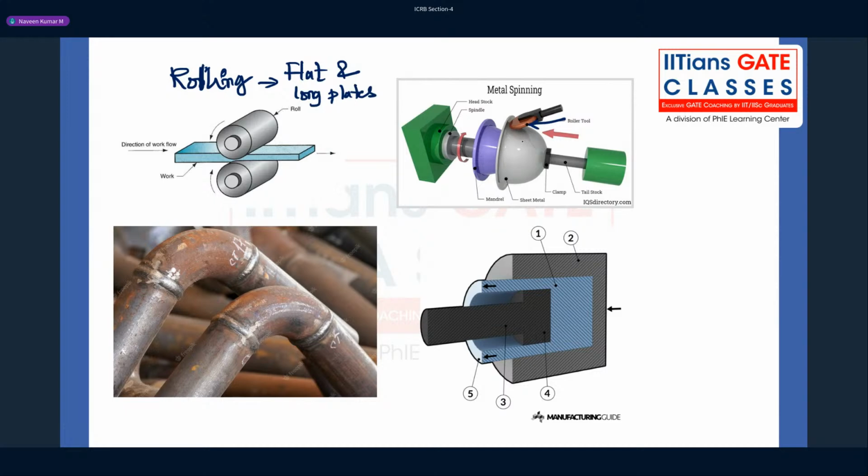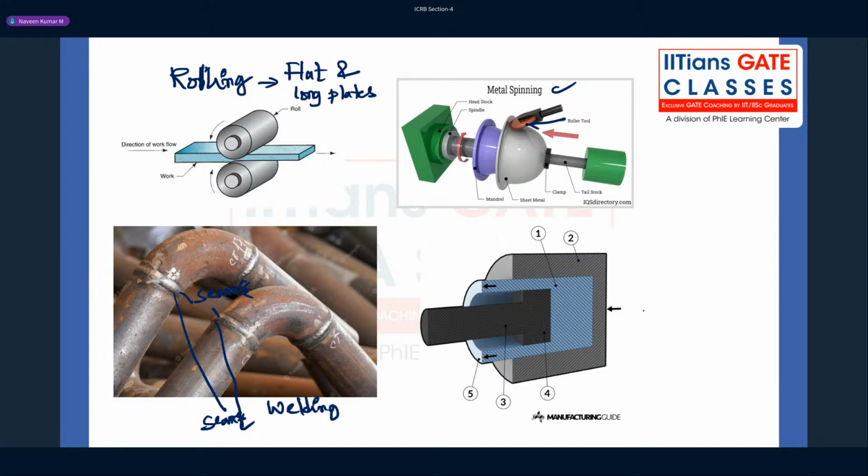This also is generally not used for making seamless tubes. And this is welding. By welding, you can see these are seams. So again, there's a gap between that.